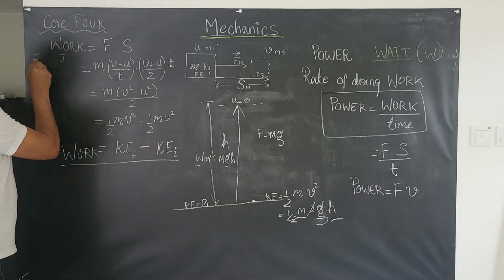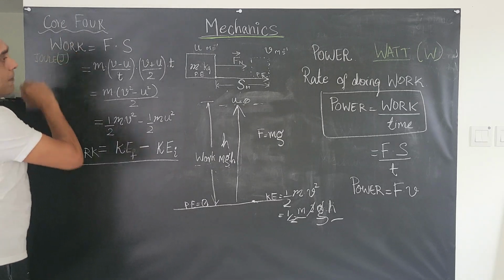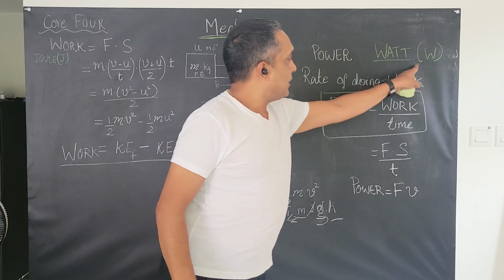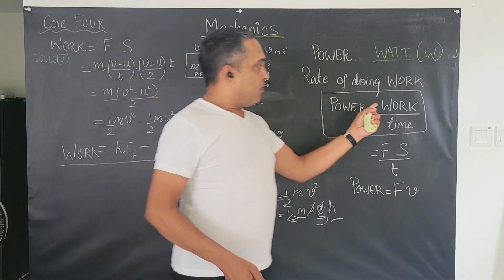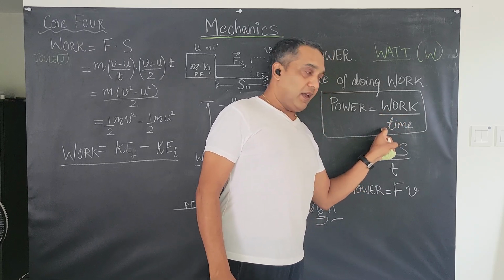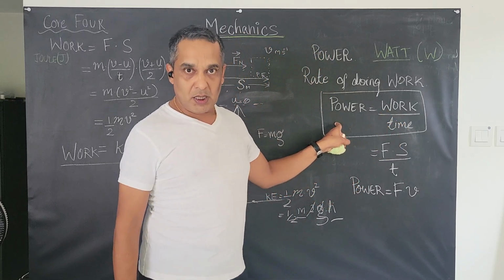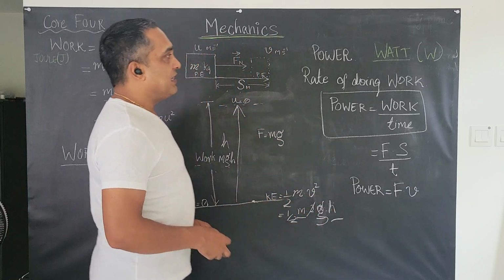And we know that is joule, J-O-U-L-E, and that's watt. Again, when 1 joule for 1 second is 1 watt. So that's how the SI system is. The units are defined in such a way.